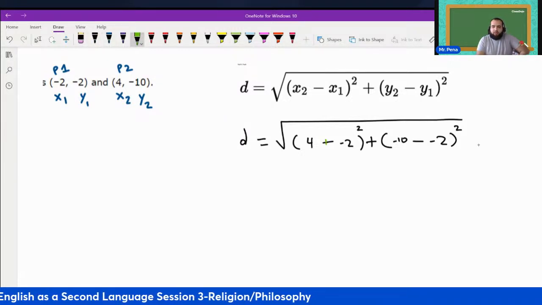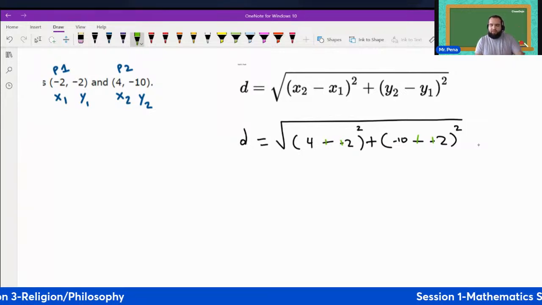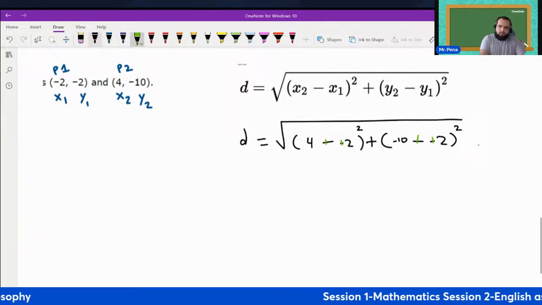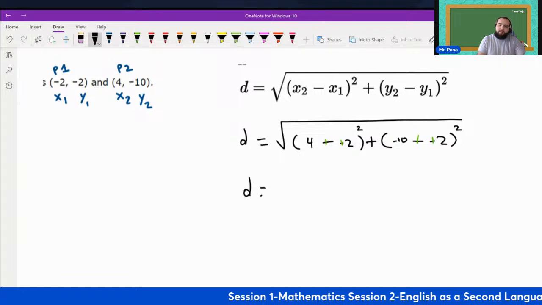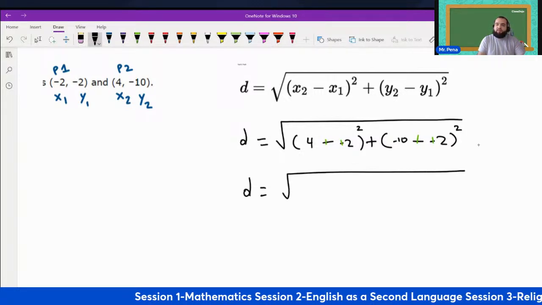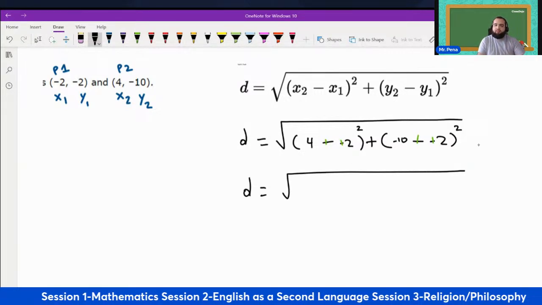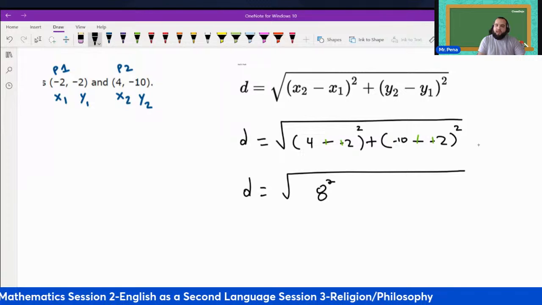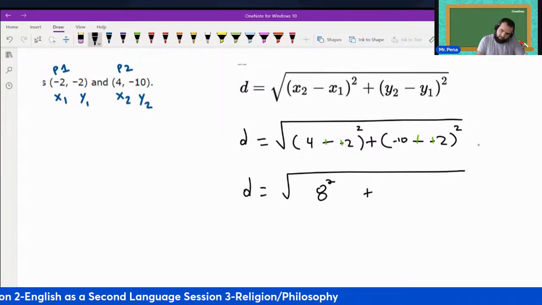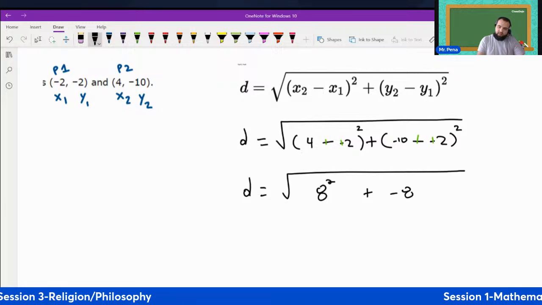Already, we're going to turn these into positives. When you subtract by a negative, you're just going the opposite way. So we have the distance being the square root of, 4 plus 2, which is 6 squared. -10 plus 2 being -8 squared.